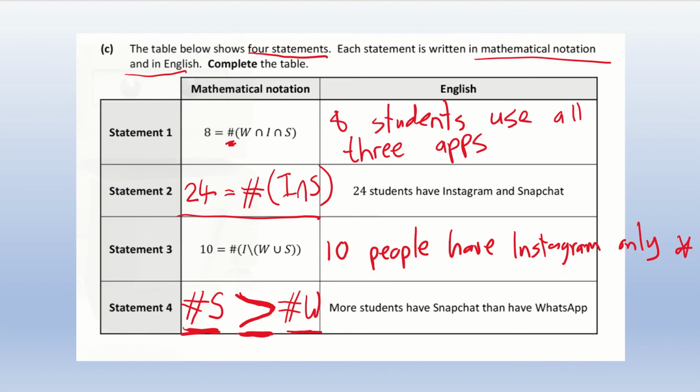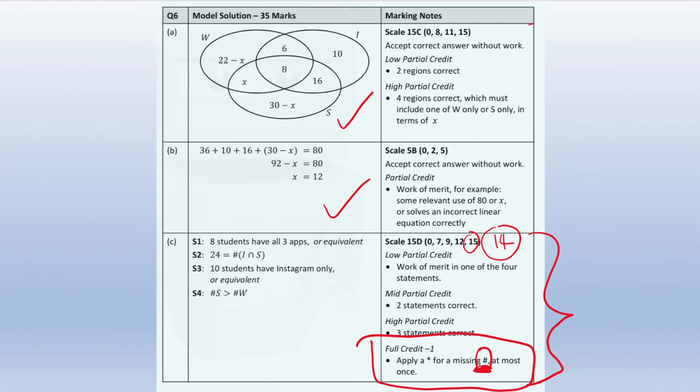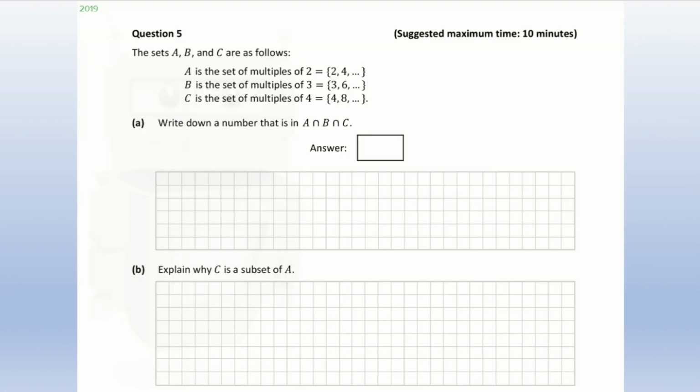In your statement 1, they used the hashtag there, and they were talking about the amount of people who had 3 apps. So you should be using the hashtag symbol for your cardinal number all the way through there as well. If you want to have a look more at that marking scheme, I would advise you to pause the video right here, because I'm going to go on to another question now.